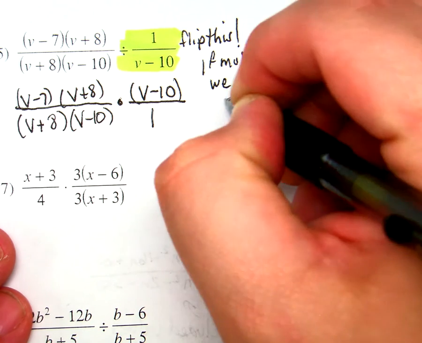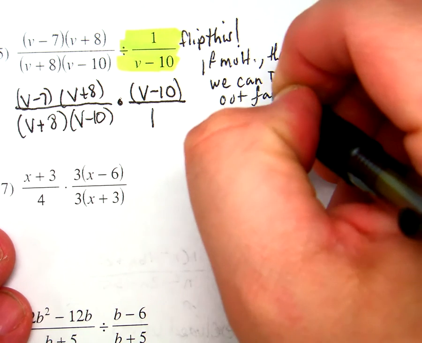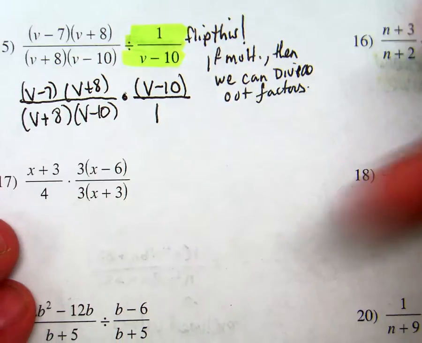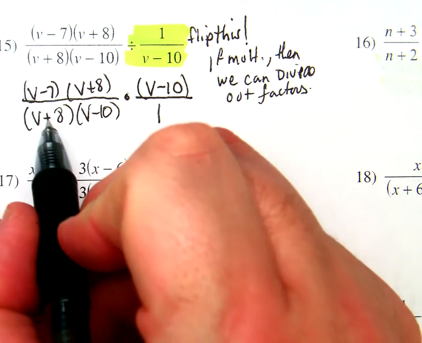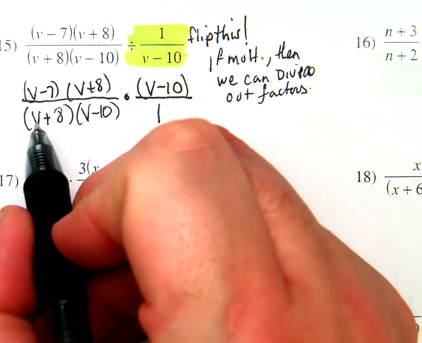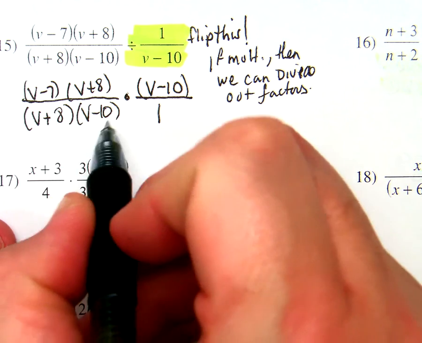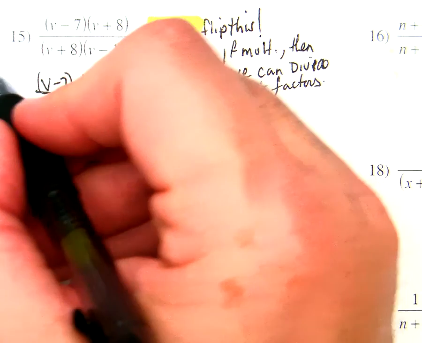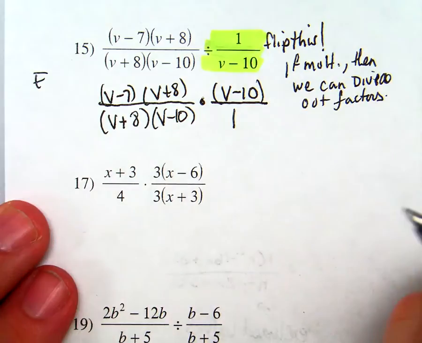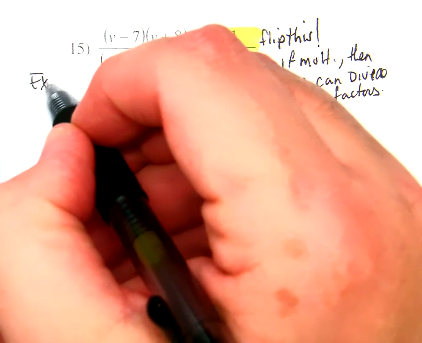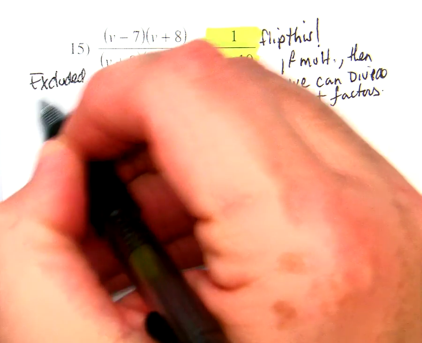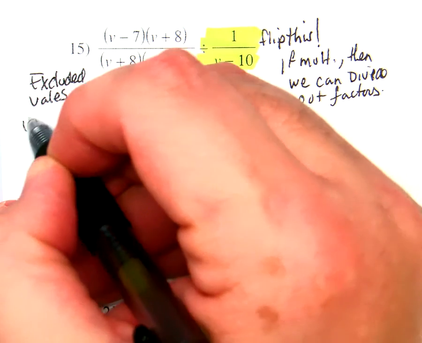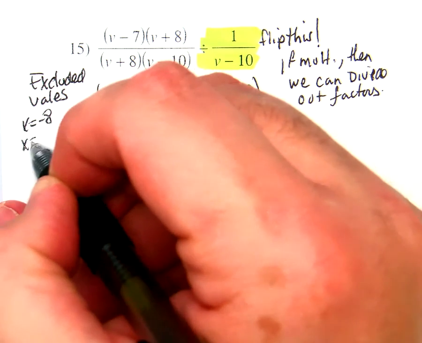What are my excluded values? What's going to make this first one 0? Negative 8. So what's going to make this one 0? 10. So over here I'll do my excluded values. V equals negative 8, v equals 10, sorry, since we're dealing with v's.